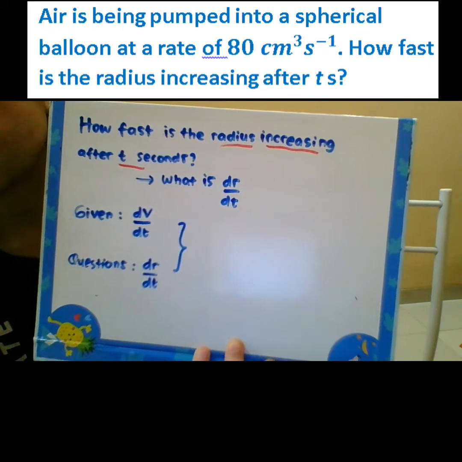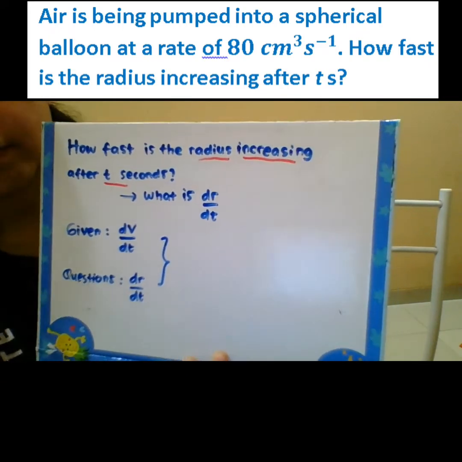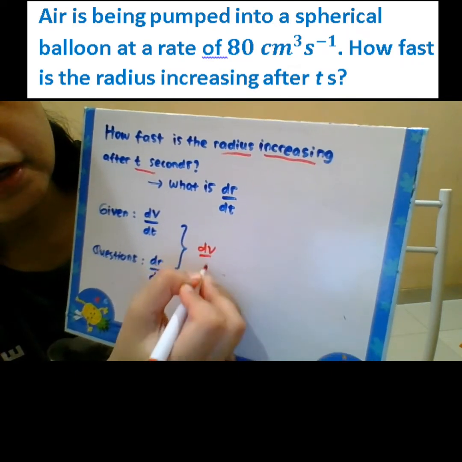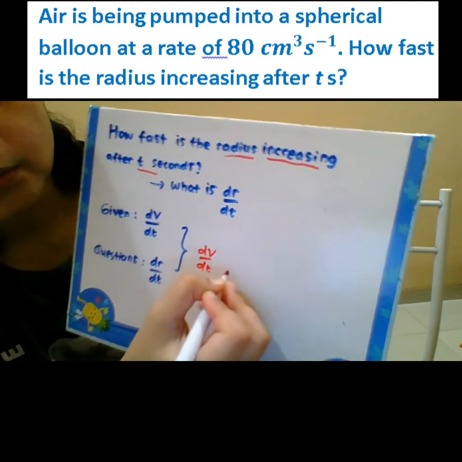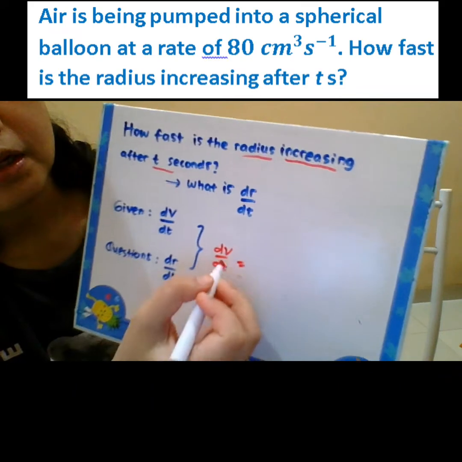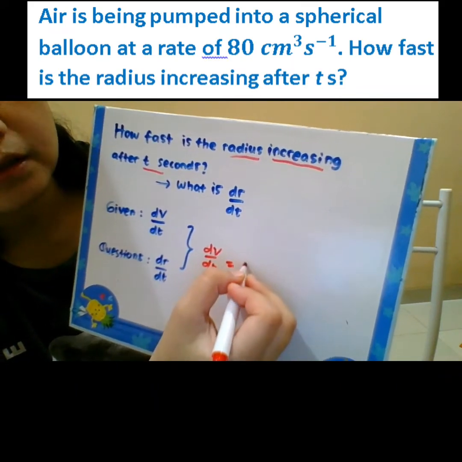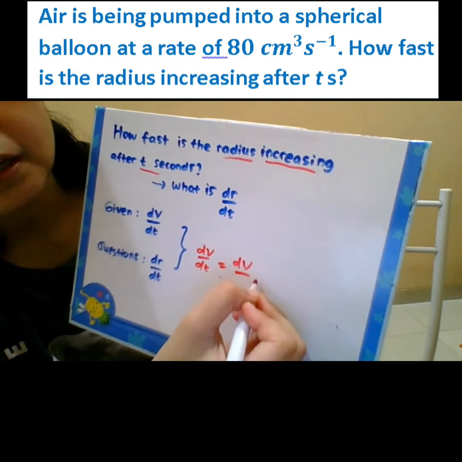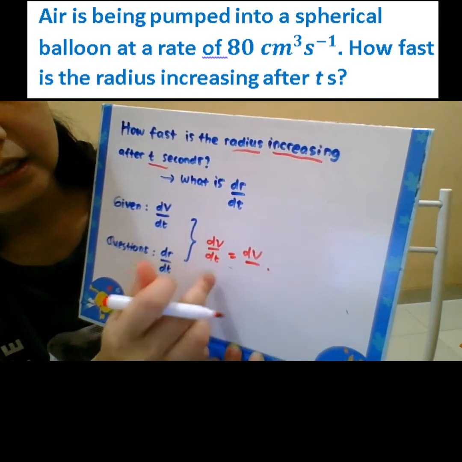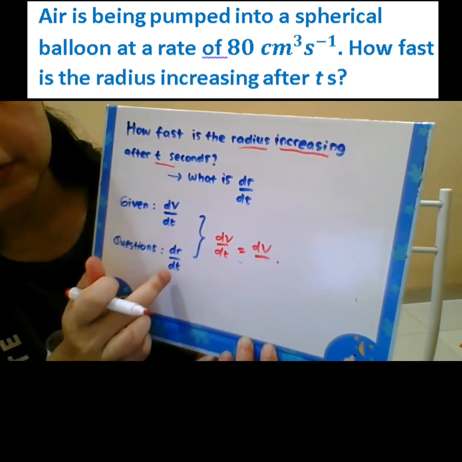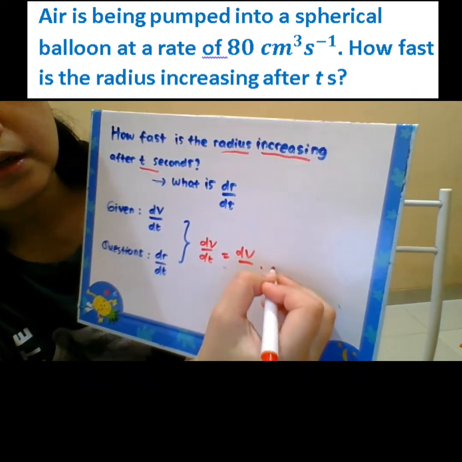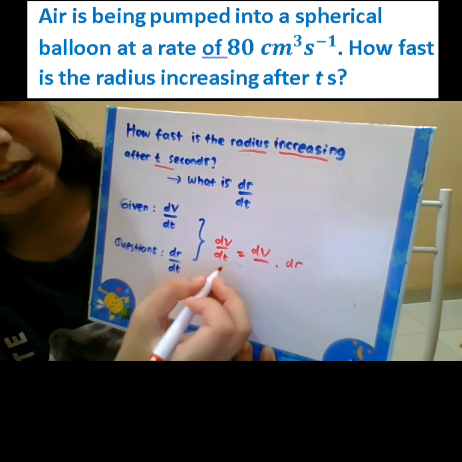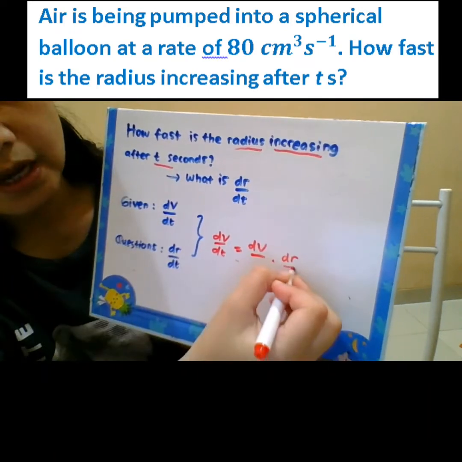If we have this, remember the chain rule. When we have dv over dt, it will be equal to dv, the numerator, so you write down first dv, times dr per dt. It must be dr here, because the last one is dt, so dt must be at the back.